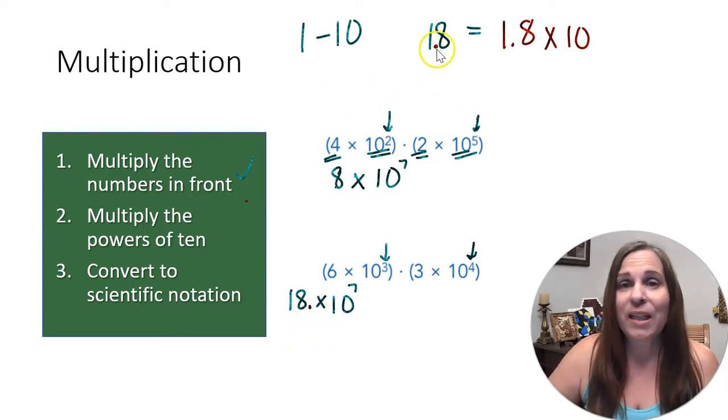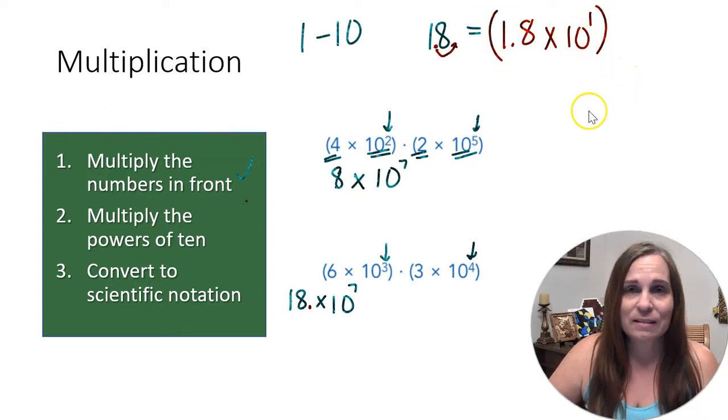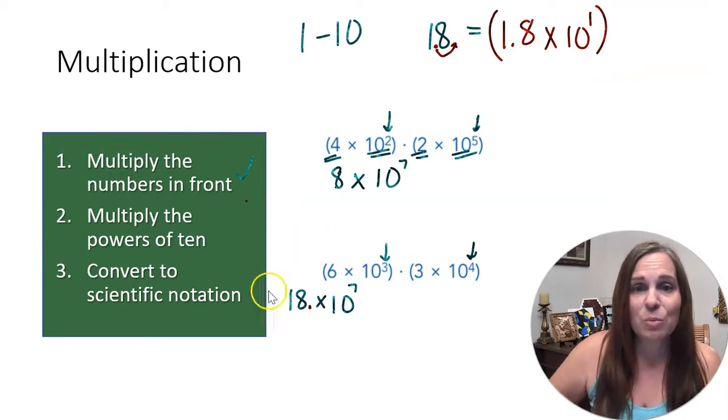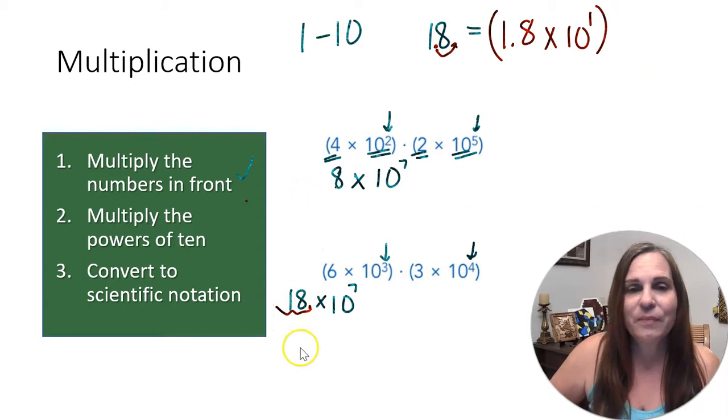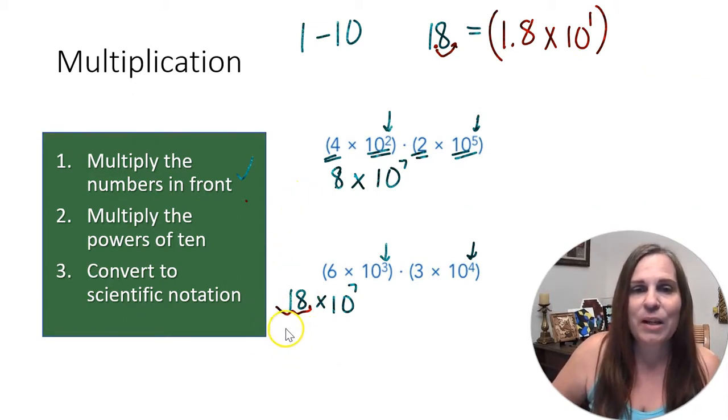So if I want to get this decimal point back to where it started, I've got to go 1 place to the right. 1 to the right means my exponent is a 1. So now we're going to write this number in scientific notation. Instead of 18, we're now going to have 1.8 times 10 to the 1st.